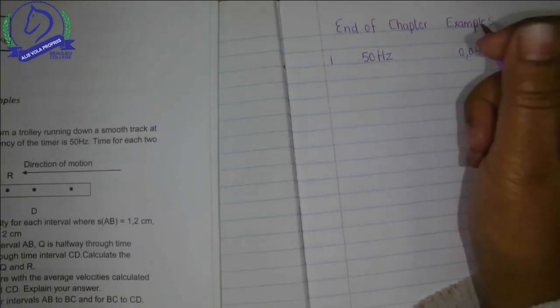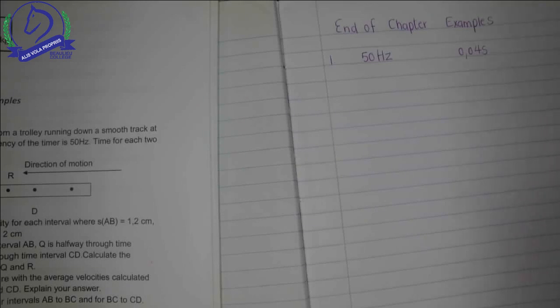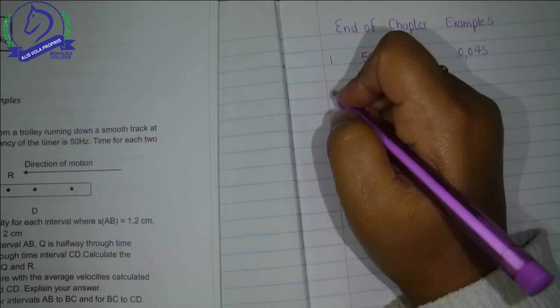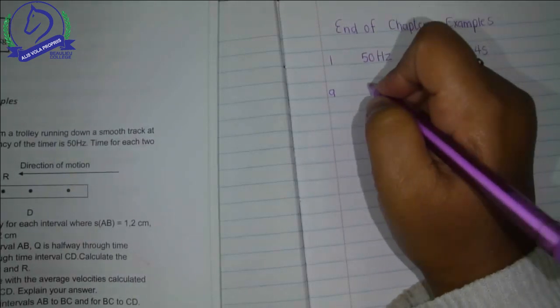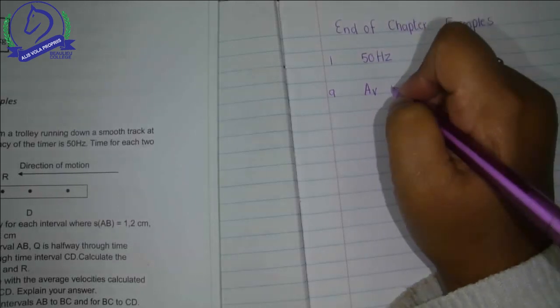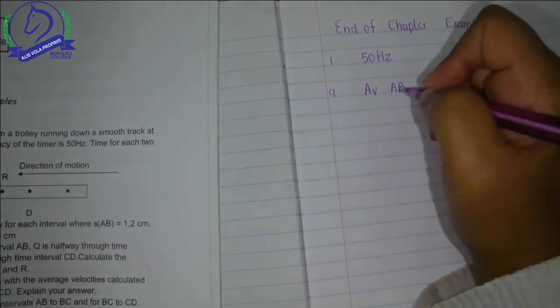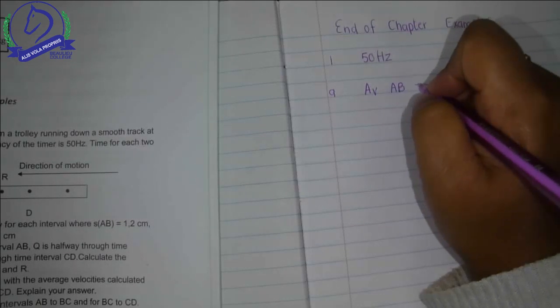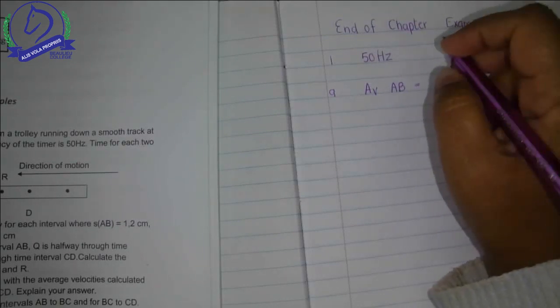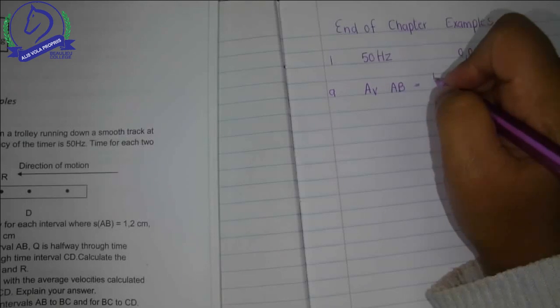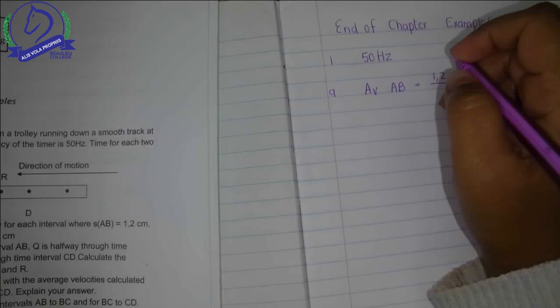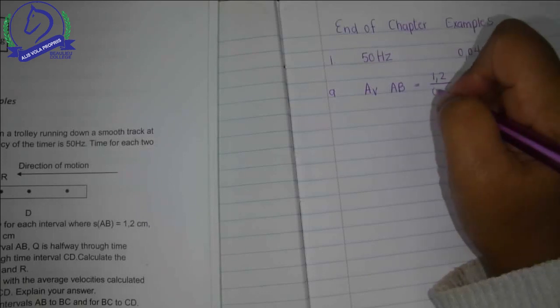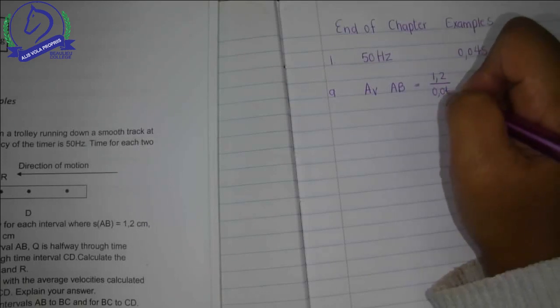Okay, so the first thing we need to do is work out the average velocity for each time interval. So for A, we've got the average velocity for the interval AB. Remember, velocity is equal to displacement over time, and the displacement from A to B was given to us as 1,2, and I'm going to keep it at 1,2, and the time taken was 0,04.